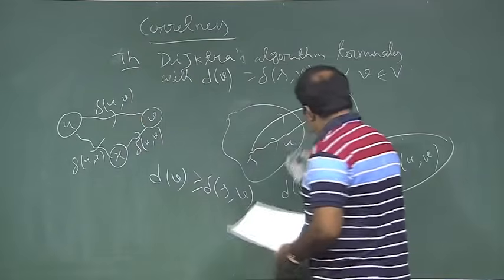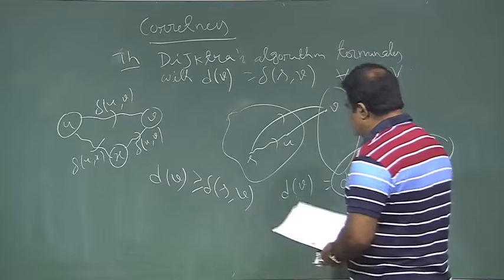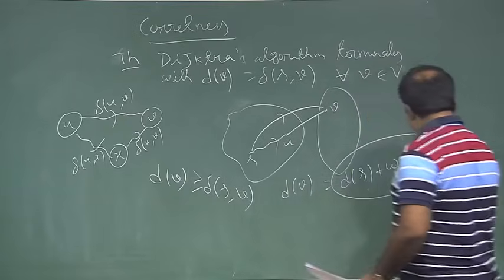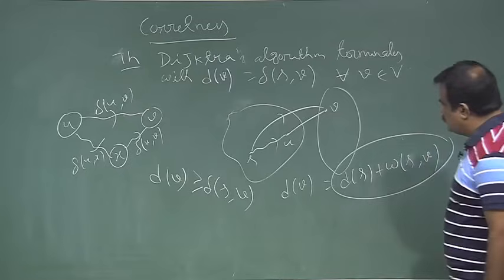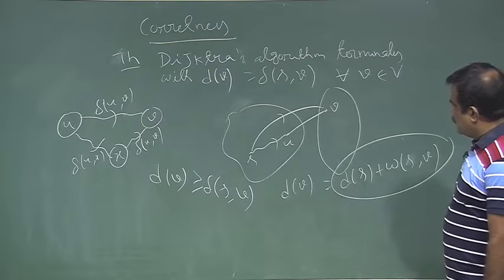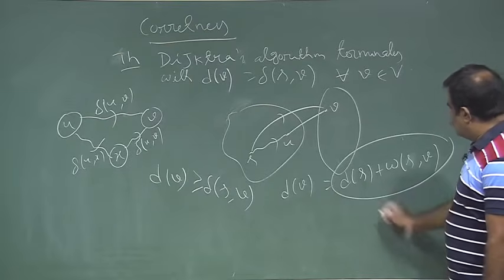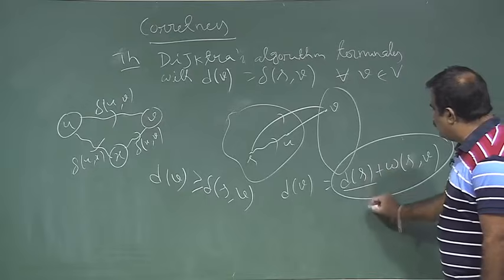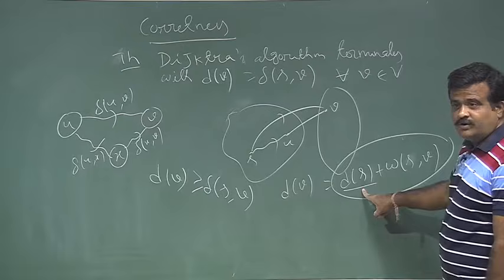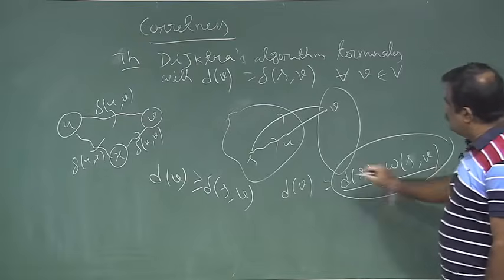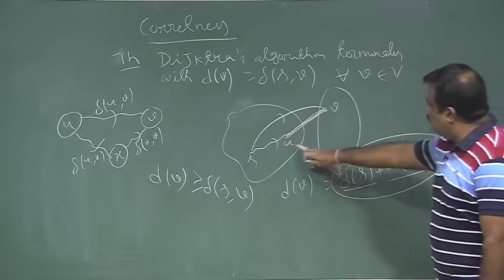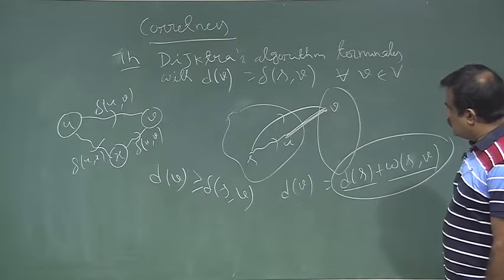Now u is initially s, because initially we are capturing s in that set. So this is basically the shortest path from s to s, whose d value is 0, and this is the direct edge from s to that vertex.